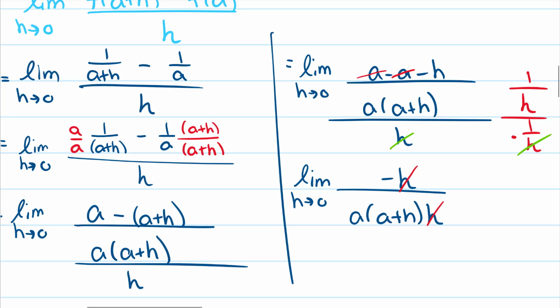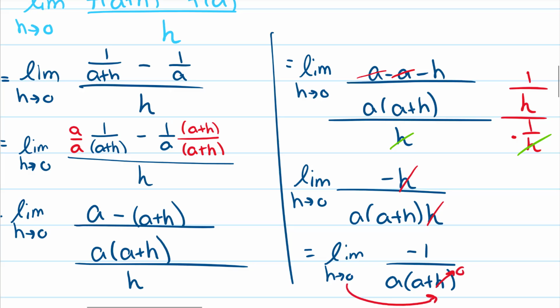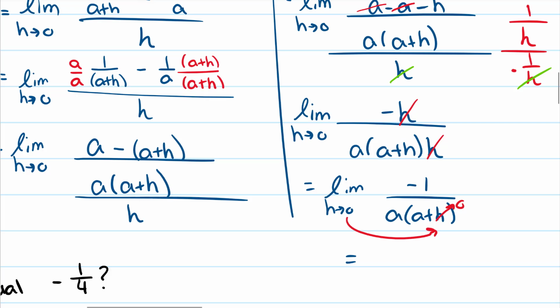These h's are going to reduce. So this is the limit as h approaches 0 of negative 1 over a times a plus h. My h goes to 0 when I plug the limit in. And so this simply just becomes negative 1 over a squared. So now if I want to find the slope at any point, I can just plug in any value for a.